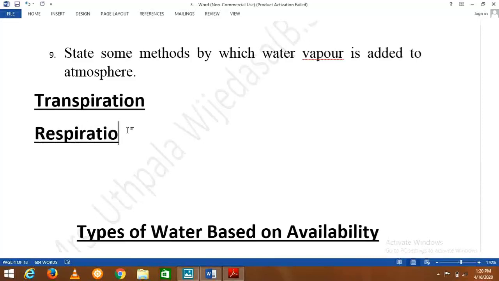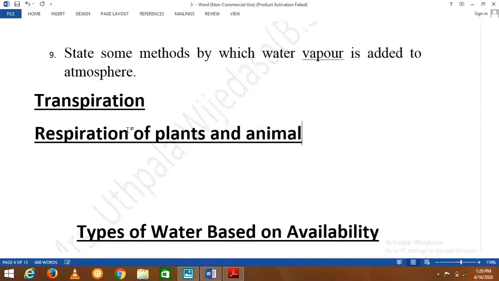Respiration of plants and animals. Then you can say as the third one, evaporation from water bodies. You know, when you keep a plate with some amount of water outside exposed to the sun, after some time you will observe that water is not there anymore.